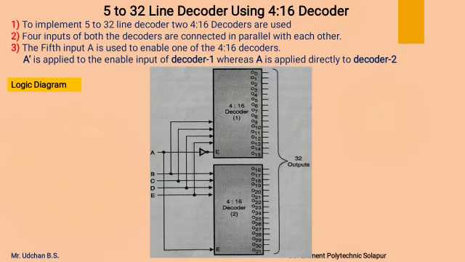Similarly, a 5 to 32 line decoder can be constructed using 4:16 decoders. Here also two 4:16 decoders are used, which form 32 output lines.